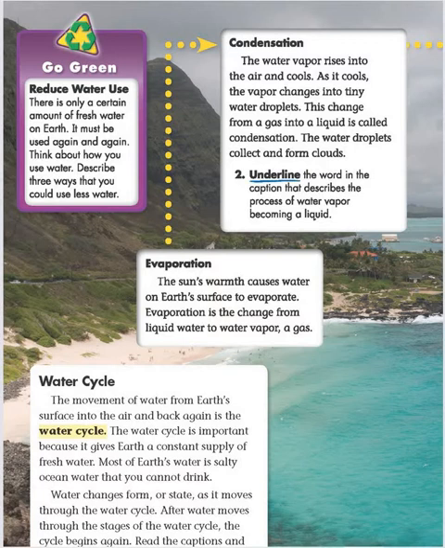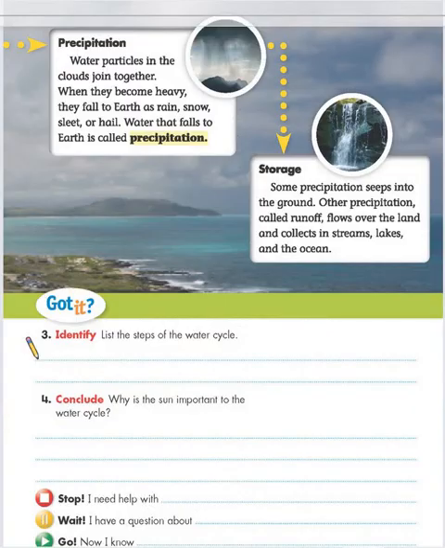After condensation, when the clouds are formed, what could happen? Then precipitation happens. The clouds become heavy with water drops, and then the water starts to fall as precipitation.